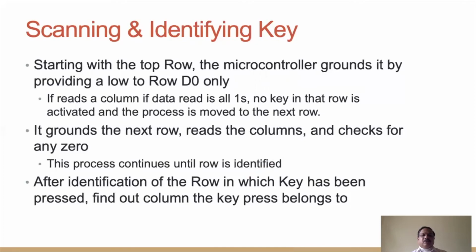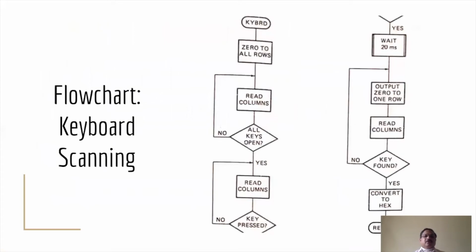To understand more clearly, let us go through the flowchart for this keyboard scanning process. On the screen is the keyboard routine where the key press has to be detected. So first, output 0 on all rows.